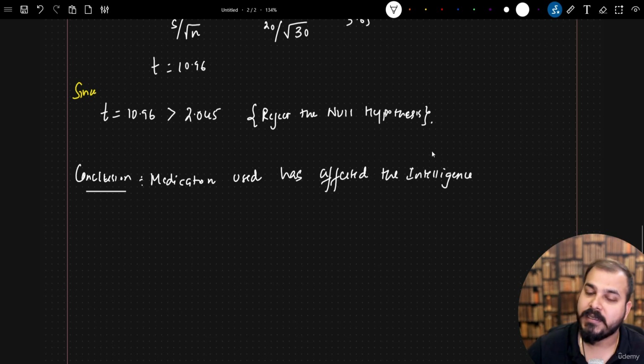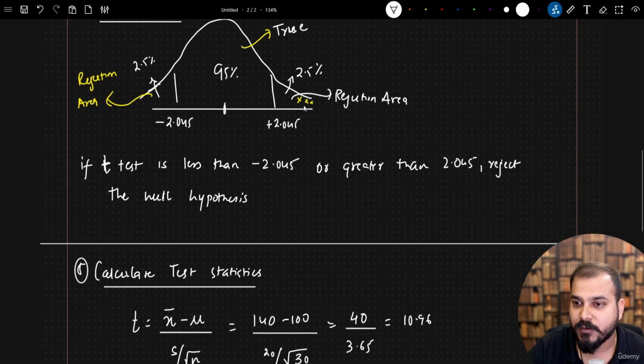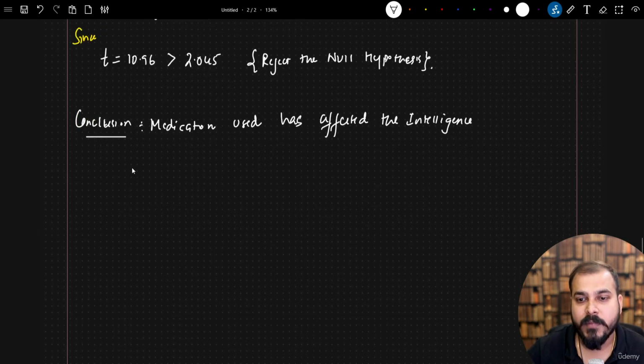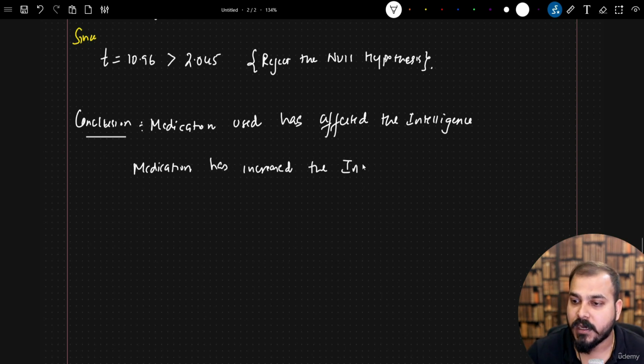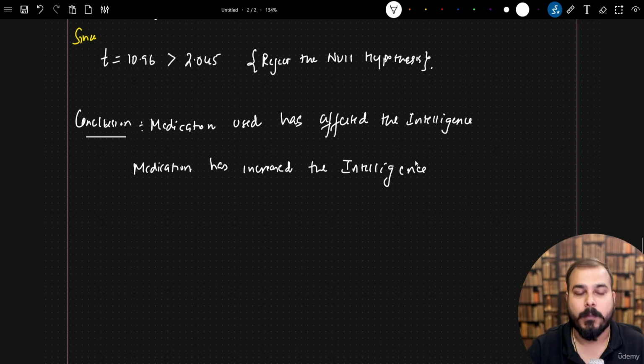Now since my t-test value is a positive value, which is at this end, and this median was my intelligence, 100 IQ, right? And we are getting somewhere over here. So definitely it shows this medication has increased the intelligence. So specifically, I can also write the medication has increased the intelligence, and this is the conclusion we make out of this particular problem, right?